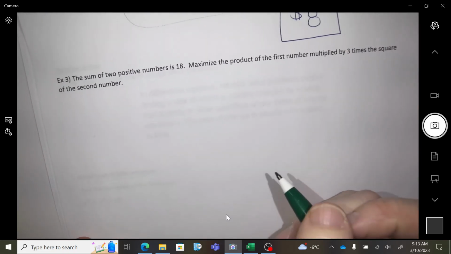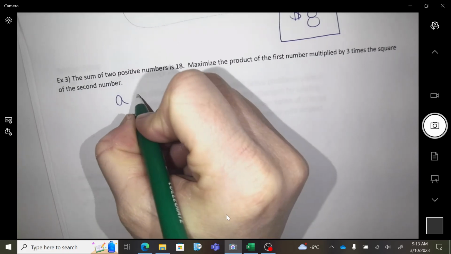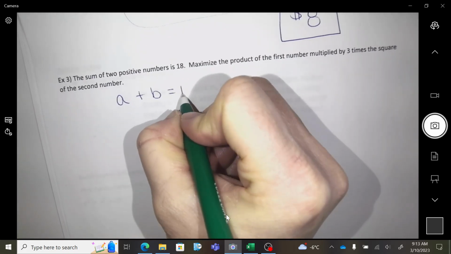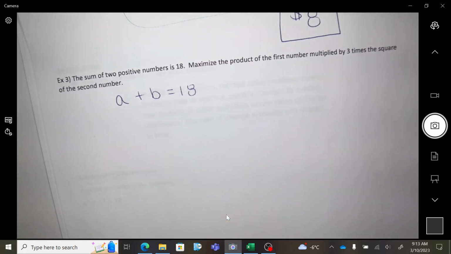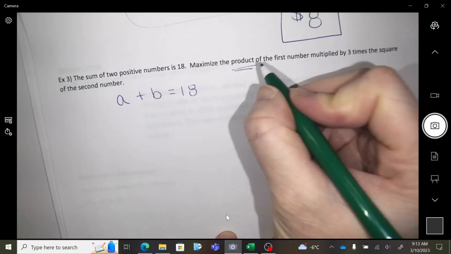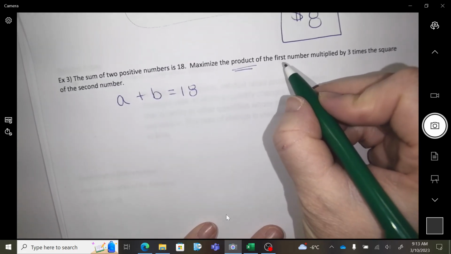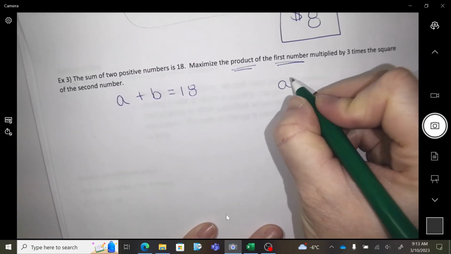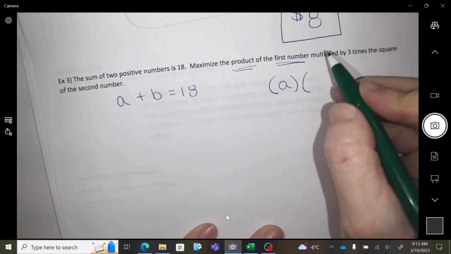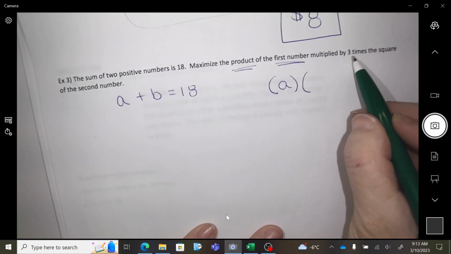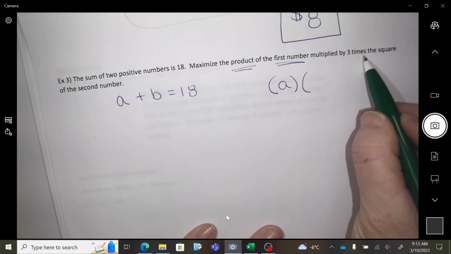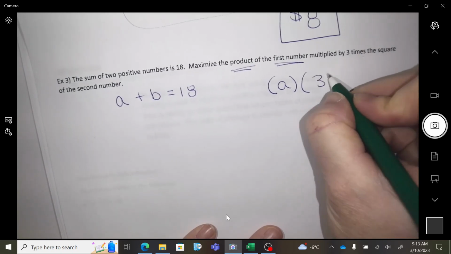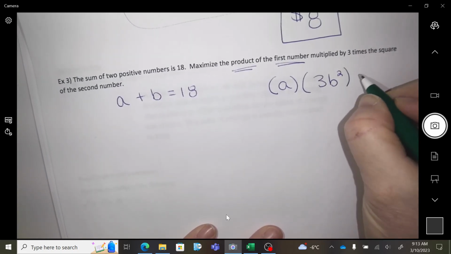Okay, the sum of two numbers, I'm going to just go a plus b is 18. Maximize the product of the first number multiplied by 3 times the square of the second number.